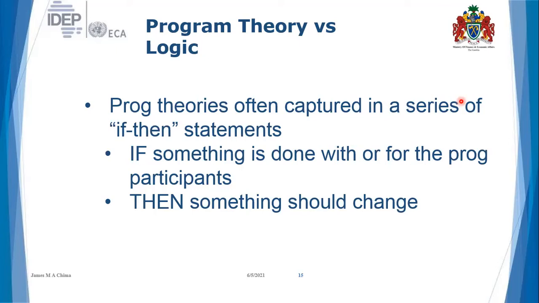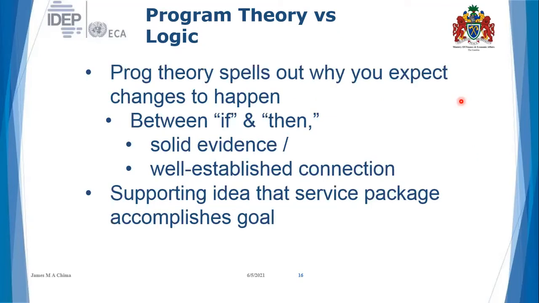An effect must occur among the participants of the intervention as a result of something that has been done. We see that program theory spells out why you expect the changes to happen. And this is located between the if and the then.